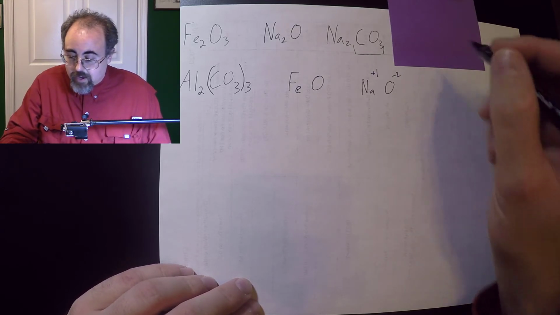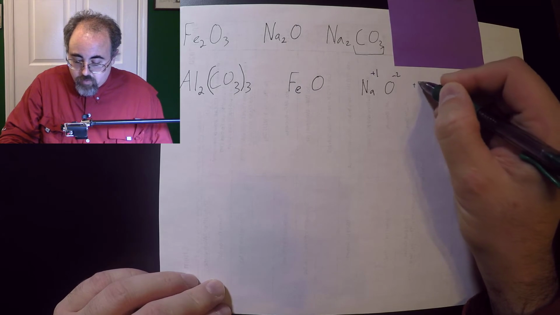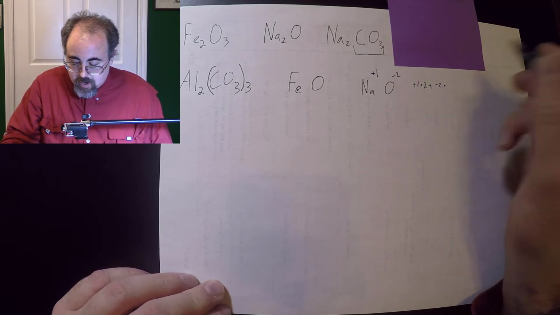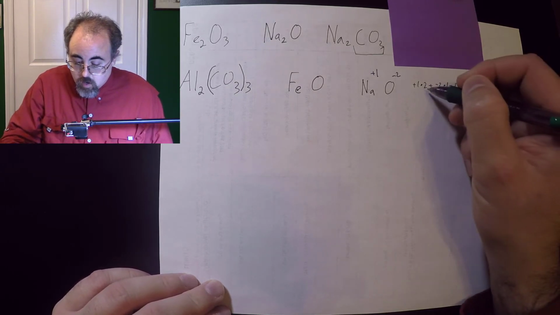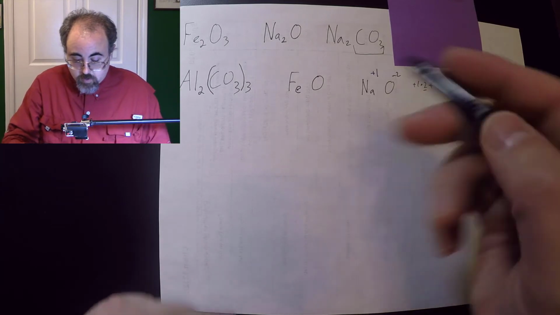So in that case, let me grab another color pen. +1 times 2 plus -2 times 1 equals 0. Therefore, what I want is a 2 and a 1. And that works.